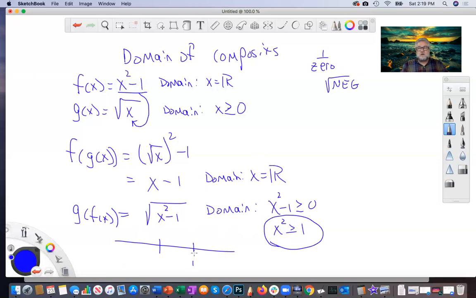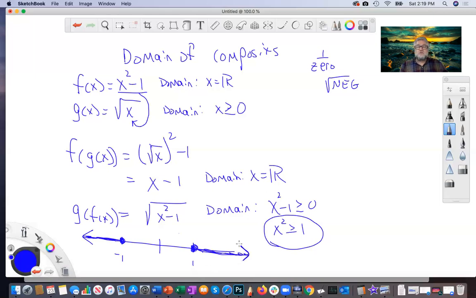So here's 1. It could be 1 or it could be greater than. But what about negative 1? Could I use negative 1 in here? Yeah, negative 1 squared will work. So if I'm over here at negative 1, I could use negative 1, I could use negative 2, I could use negative 3, I could use all of those numbers.